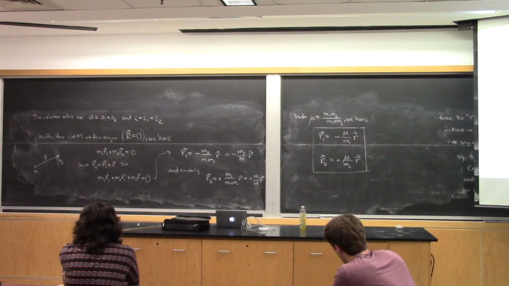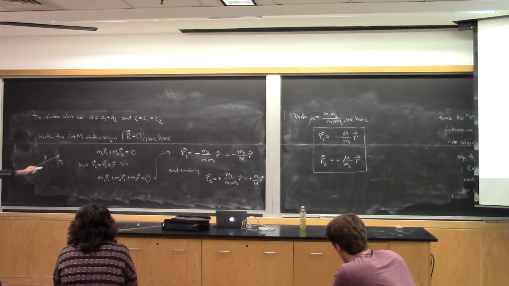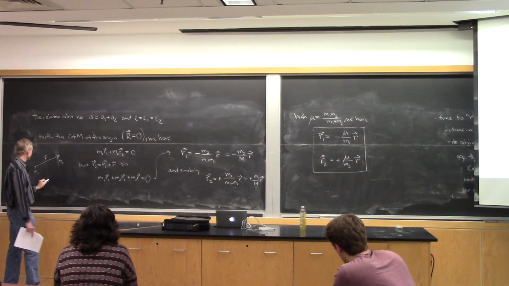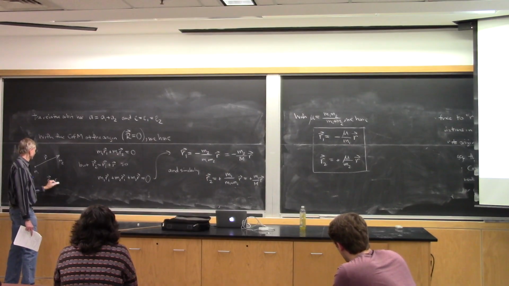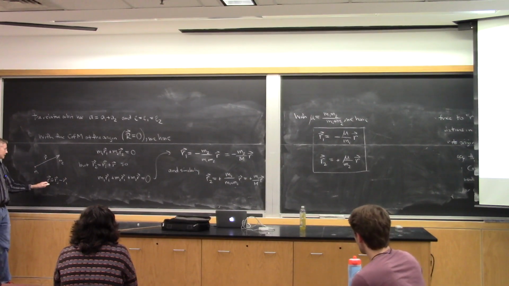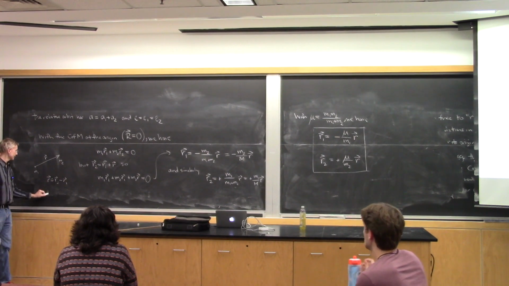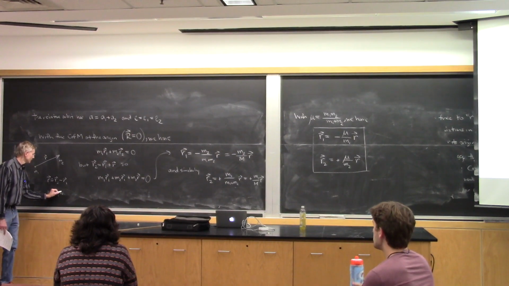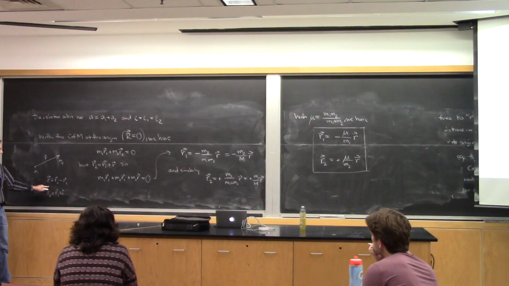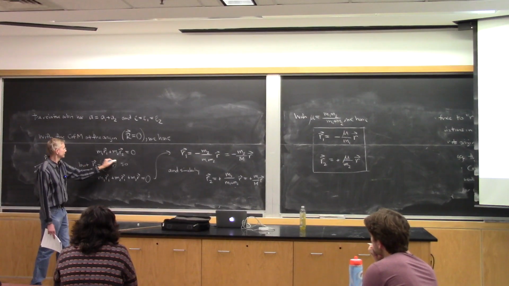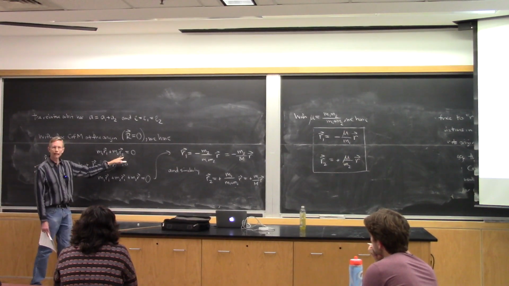Yes, but could you explain the bottom equation again? This one right here? Yeah, so by definition, R is R2 minus R1. It's the location of 2 relative to 1, right? And so therefore, we can say that R2 is equal to R1 plus R, just moving the R1 over there. Then I take this and plug this for R2 in that expression.